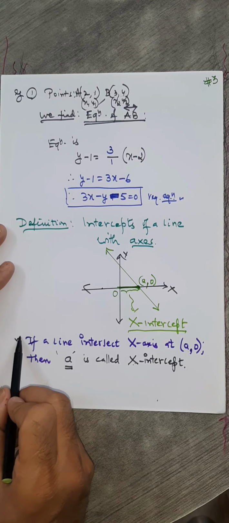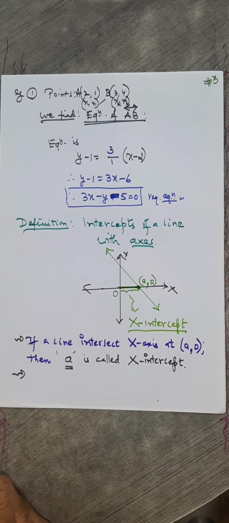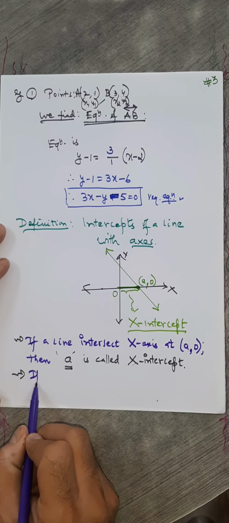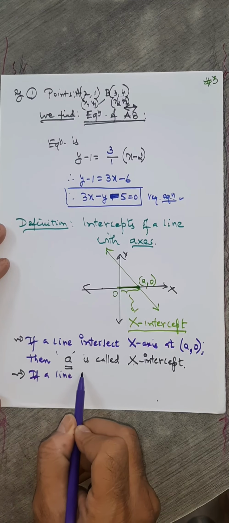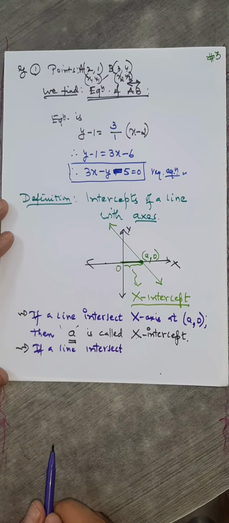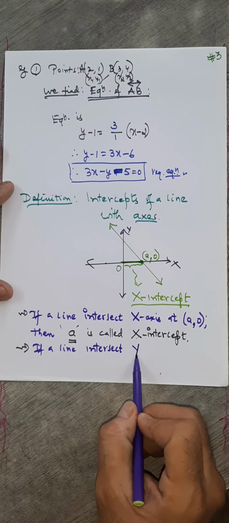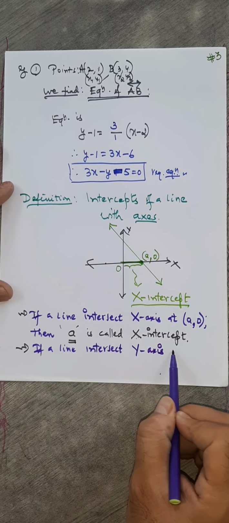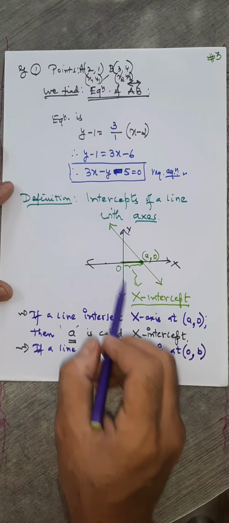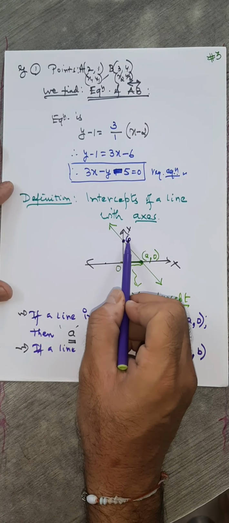Fine. Now the same way, I'll write here the definition of the y-intercept. Let me write that if a line intersects the y-axis, then the x coordinate is 0. Suppose the y coordinate is b, somewhere here you see 0 comma b.